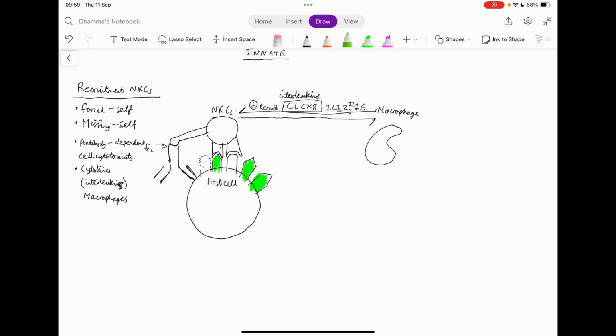Firstly, well, they have one overarching role, which is to cause the destruction of a virally infected, for example, cell, or when it's a host cell that's gone wrong. So it could be virally infected. I suppose other examples are cancer cells, or in an autoimmune response, host cells that are deemed to be dangerous.